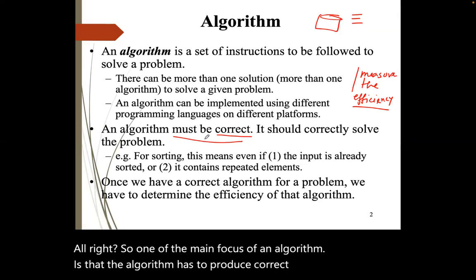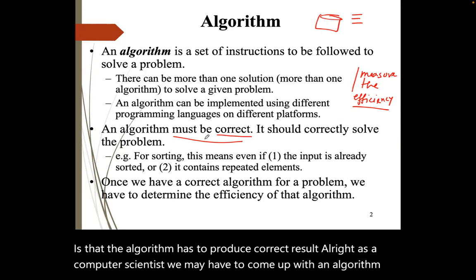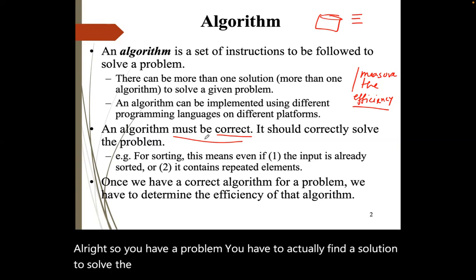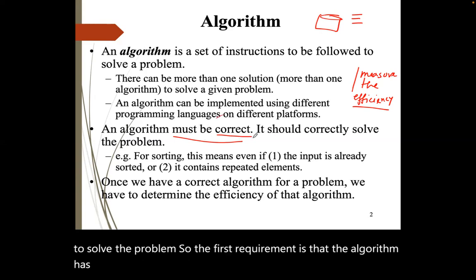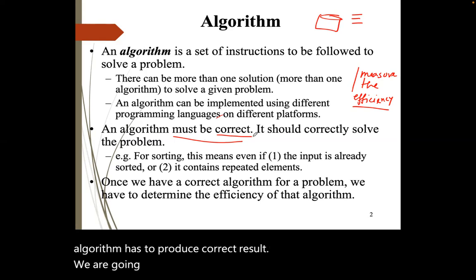All right. As a computer scientist, we may have to come up with an algorithm. All right. So you have a problem, you have to find a solution to solve the problem. So the first requirement is that the algorithm has to produce a correct result. Then we are going to think about the efficiency of the algorithm.